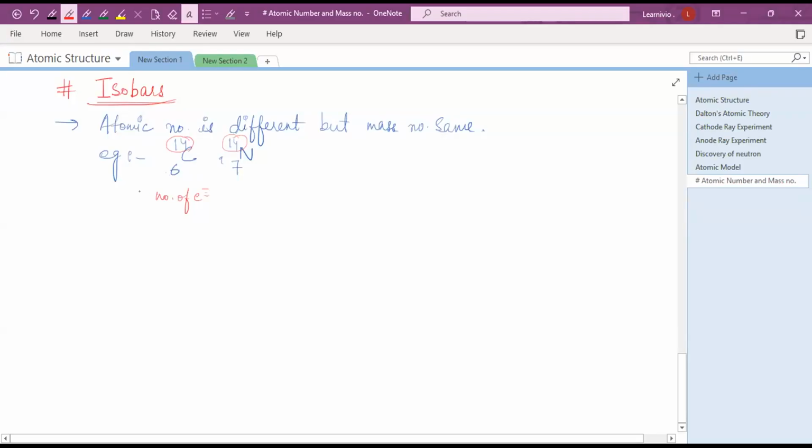For carbon, the number of electrons is 6 and the protons are also 6. So the number of neutrons will be 14, the mass number, minus 6, right?